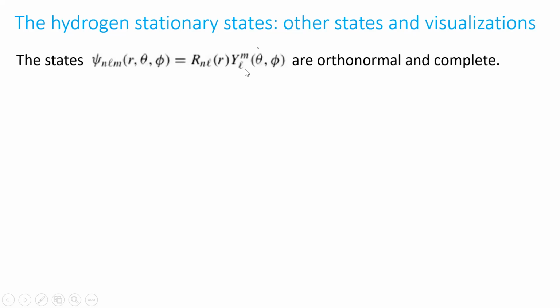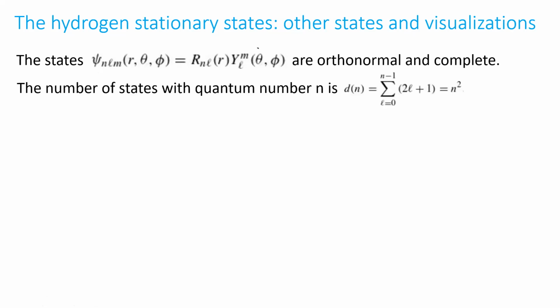They're also complete, meaning that we can express any function of r, theta, and phi as a weighted sum over all allowed values of n, L, and m. That is n integer 1 to infinity, L from 0 to n minus 1, and m from minus L to plus L.